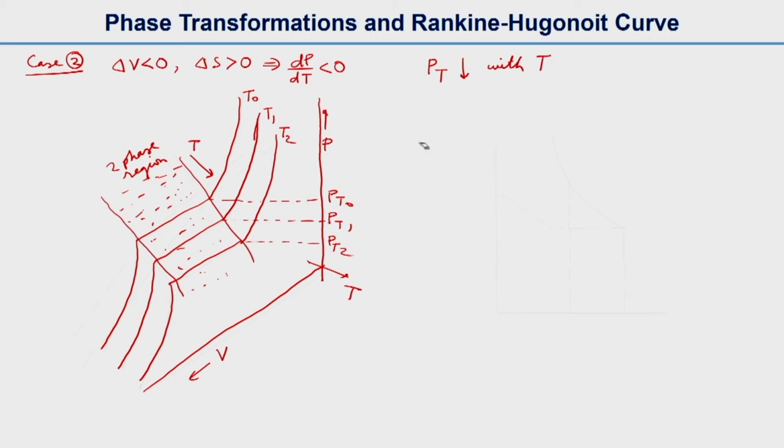So when T increases, in this case T2, T1, T0, the pressure will decrease: PT2, PT1, PT0.